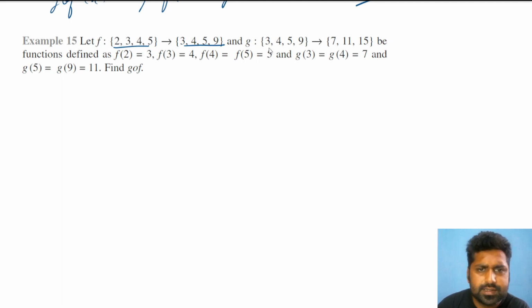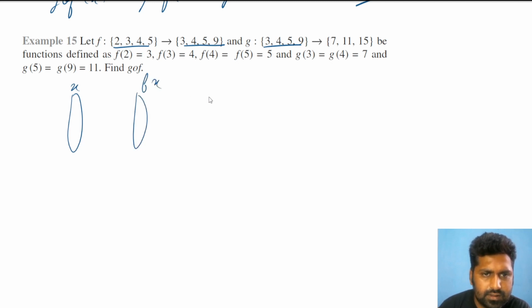Similarly, your g(x) is defined on these sets. I'll draw this with the help of a diagram and solve it in the normal way. For gof, first f(x) will come, so x, then f(x), then g(x).